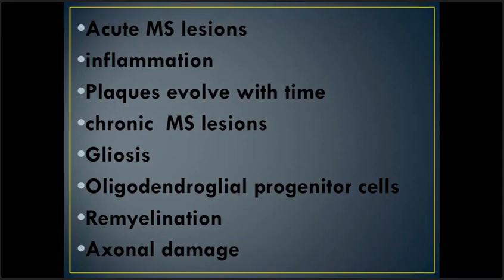But the survived axons, in the early stage of multiple sclerosis, there are oligodendroglial progenitors, which differentiate to oligodendrocytes, which synthesize the myelin. So there is remyelination.